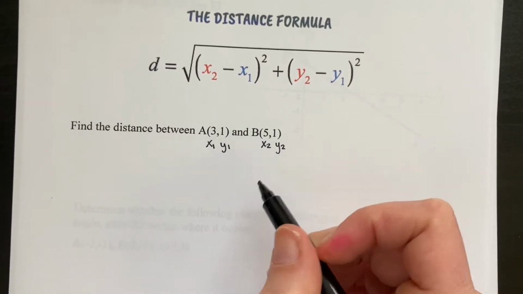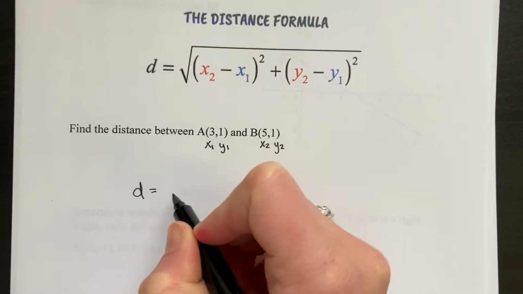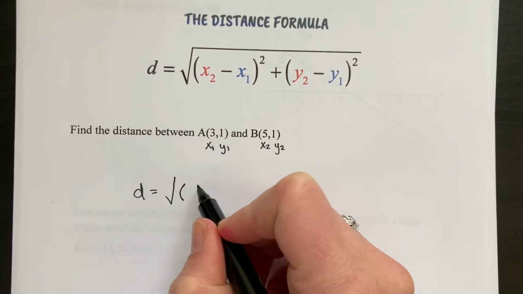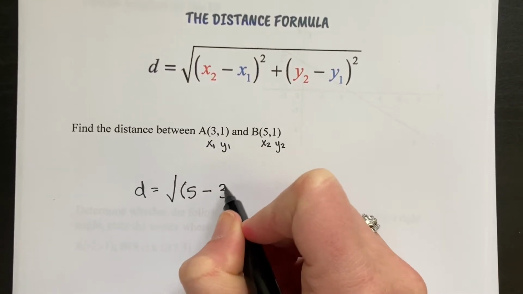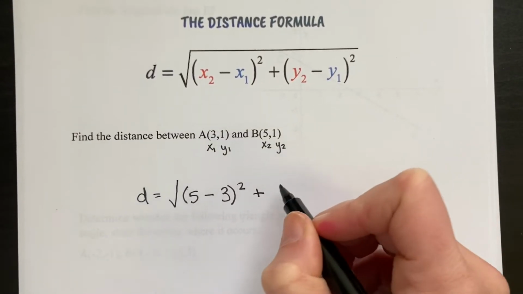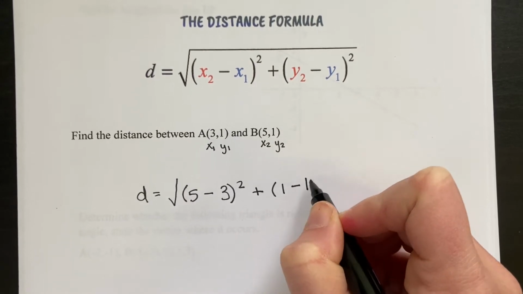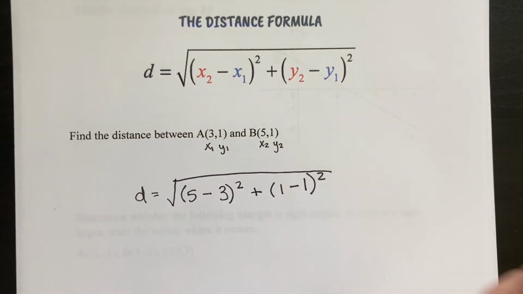So now I'm just going to fill my points into the formula. So distance equals the square root of (x2, which is 5, minus x1, which is 3) squared, plus (y2, which is 1, minus y1, which is 1) squared, and we take the square root of that.